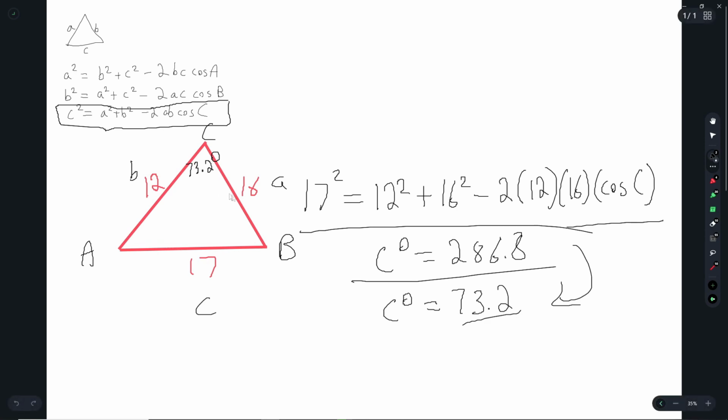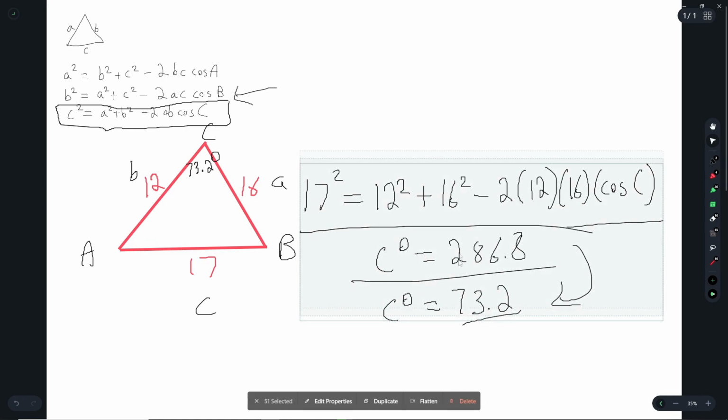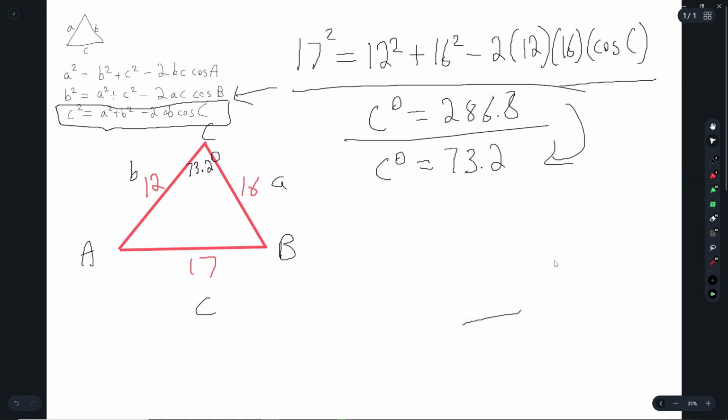So from here we can either use cosine law again, or we can use the sine law. I personally think that using the sine law is easier or faster, so we'll use the sine law from here on. So we'll put this to the side and then start using the sine law. So sine of 73.2 over 17 equal to, we can choose either.